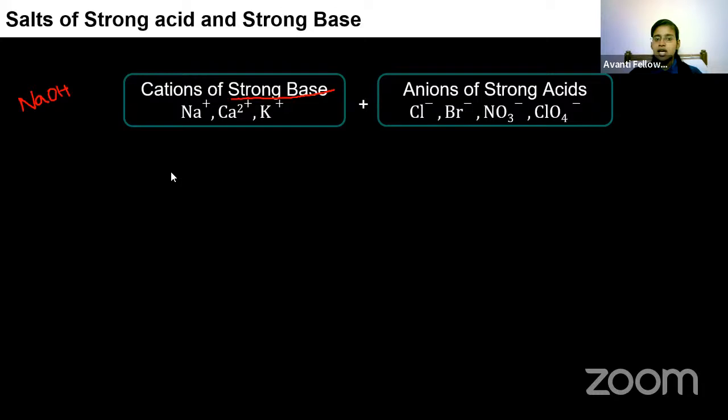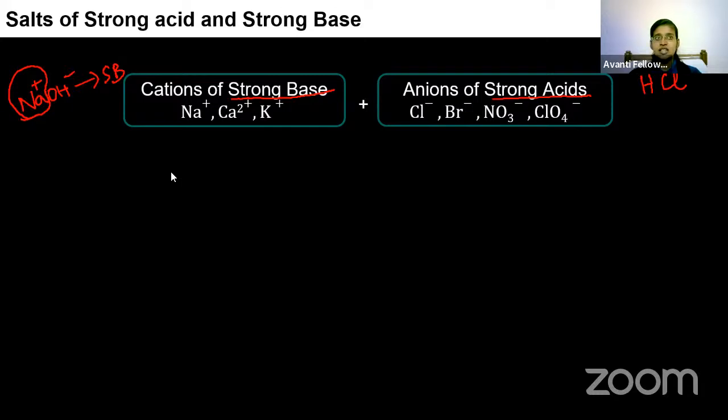It has Na plus ion and OH minus ion. Positively charged ion is called a cation, so Na plus is the cation of this strong base. And the example for strong acid is HCl, which has H plus and Cl minus.